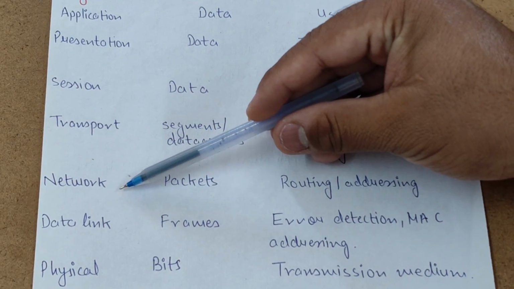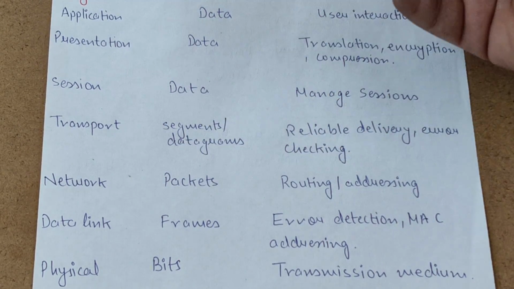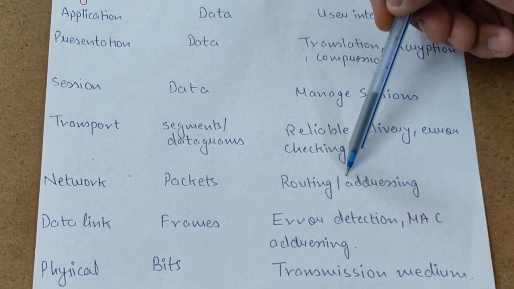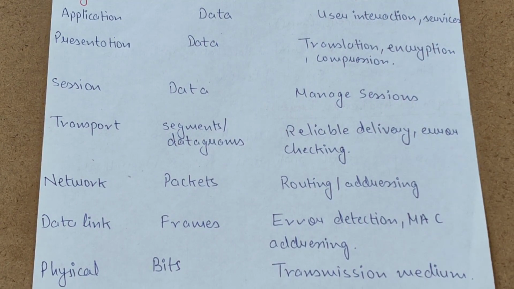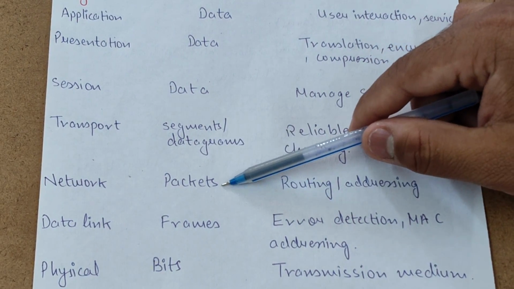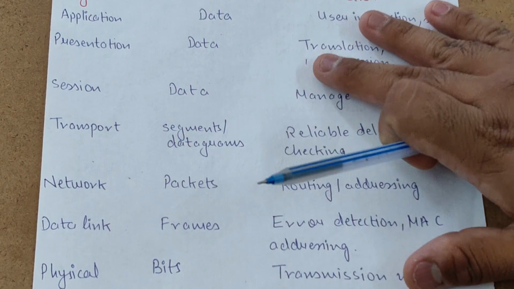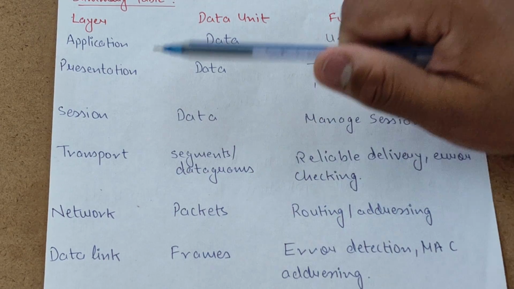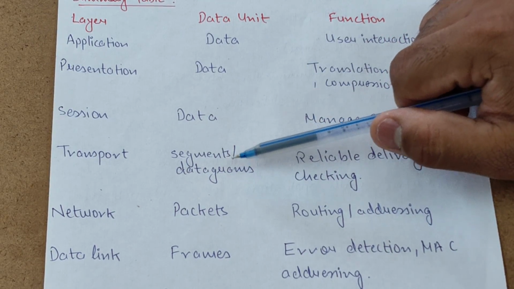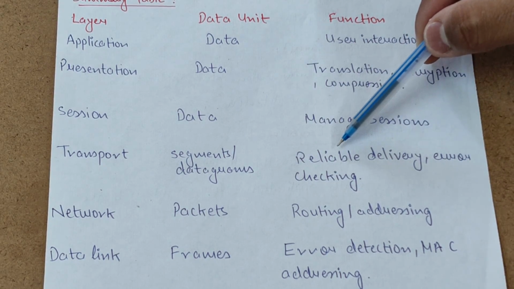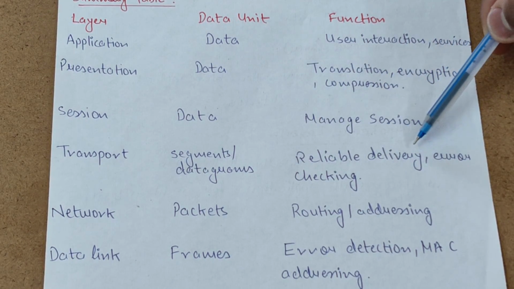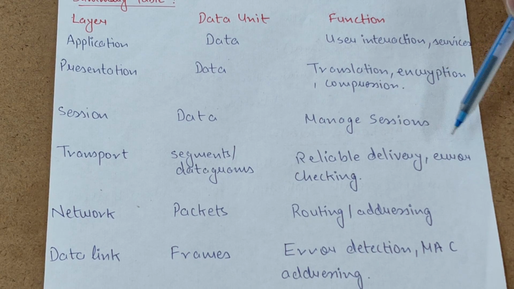Then we have the network layer. What does the network layer do? The network layer does routing and addressing for the data and tells the data where to go, and the data unit is packets here. Then we have the transport layer. The data unit is segments or datagrams. Its function is reliable delivery and error checking.